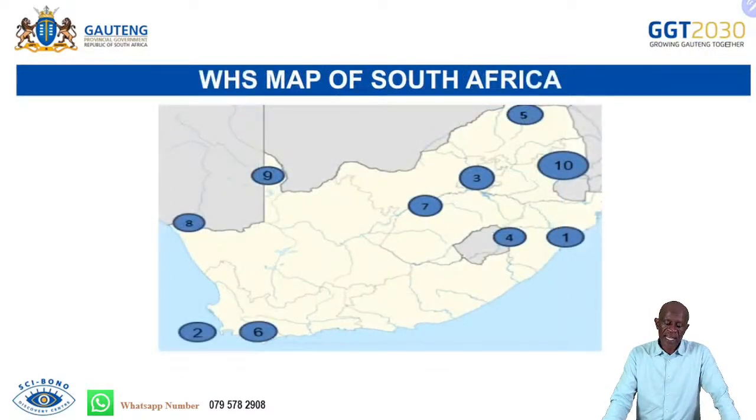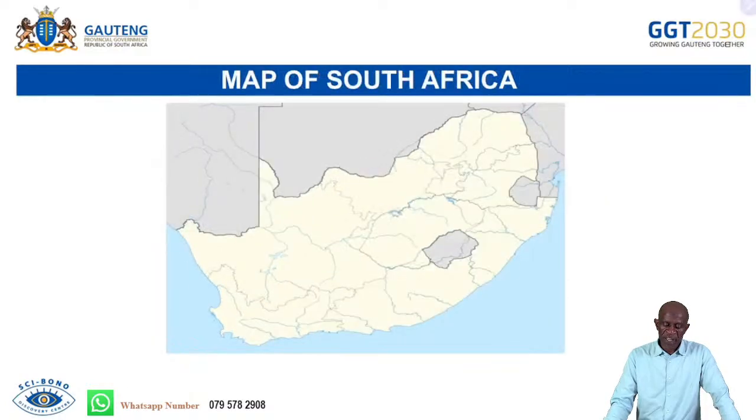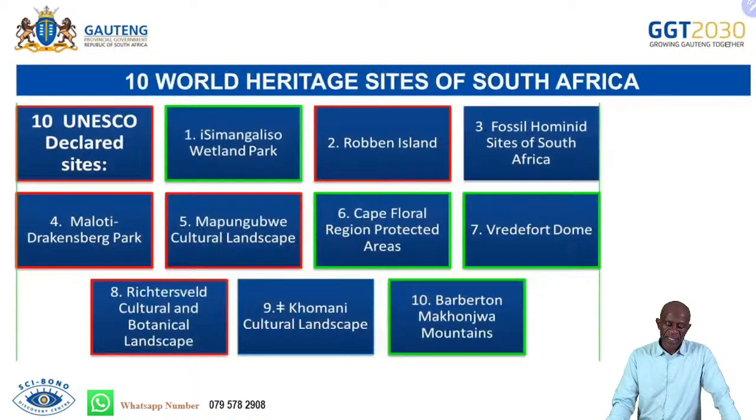If we are to talk about the distribution on the map, here is how they are distributed on the South African map, 1 to 10, and it corresponds to the names that we have indicated prior. That 1 on the map will represent iSimangaliso, and 2 Robben Island, and so forth.